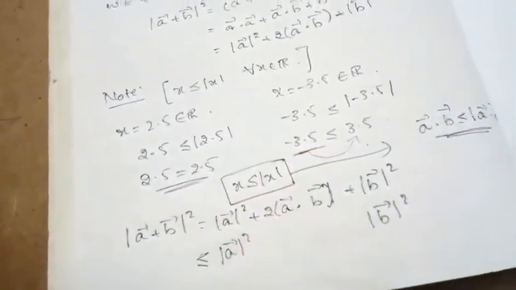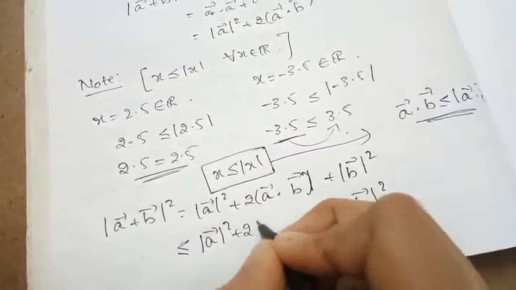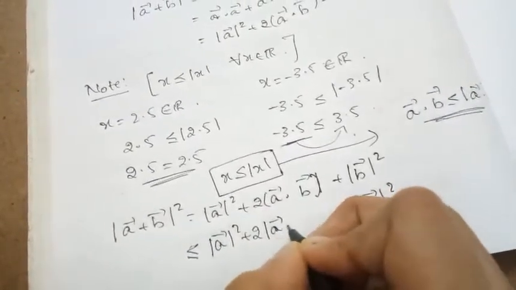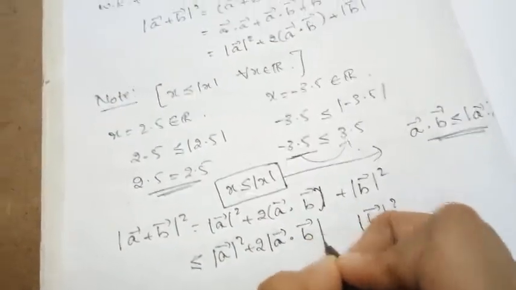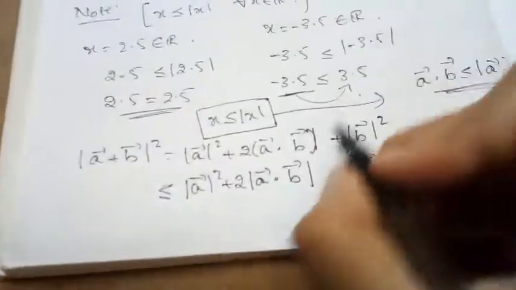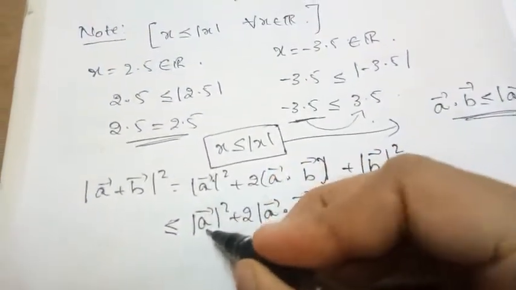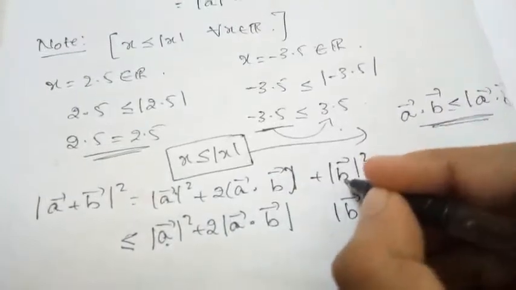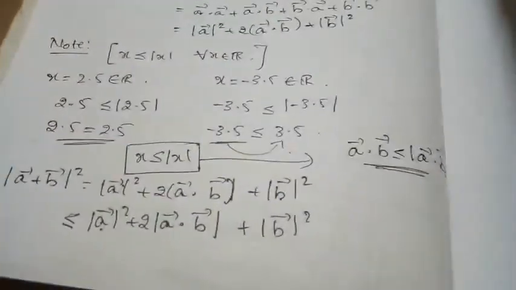When vector A dot vector B is less than or equal to the magnitude of vector A dot vector B, clearly this whole expression will be less than or equal to what? 2 times the magnitude of vector A dot vector B. Clearly understand what I am saying. This one came as it is to the next step, and this magnitude of vector B came as it is to the next step.